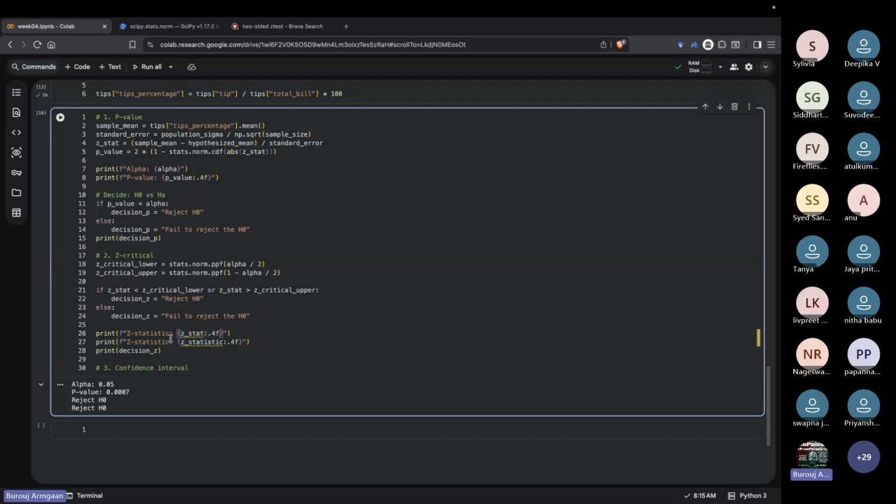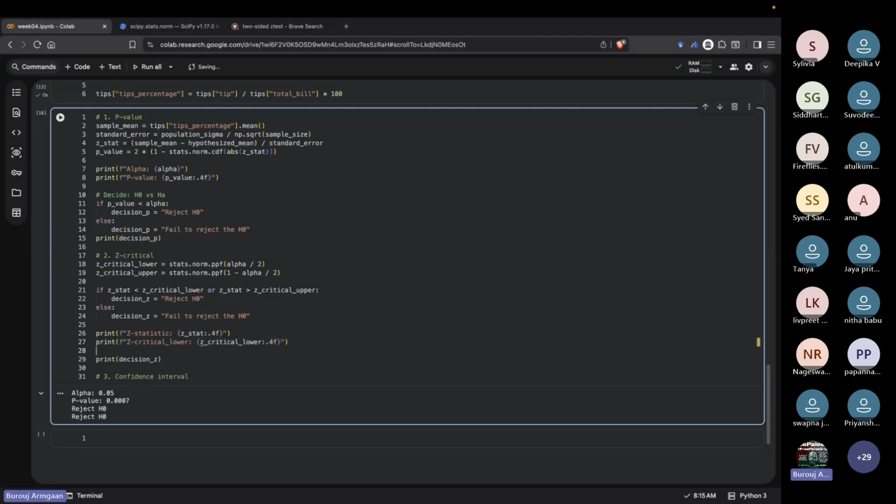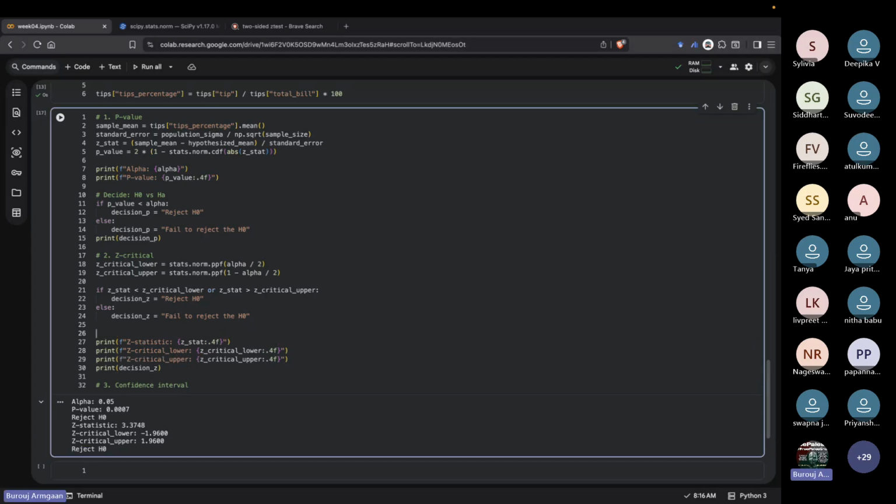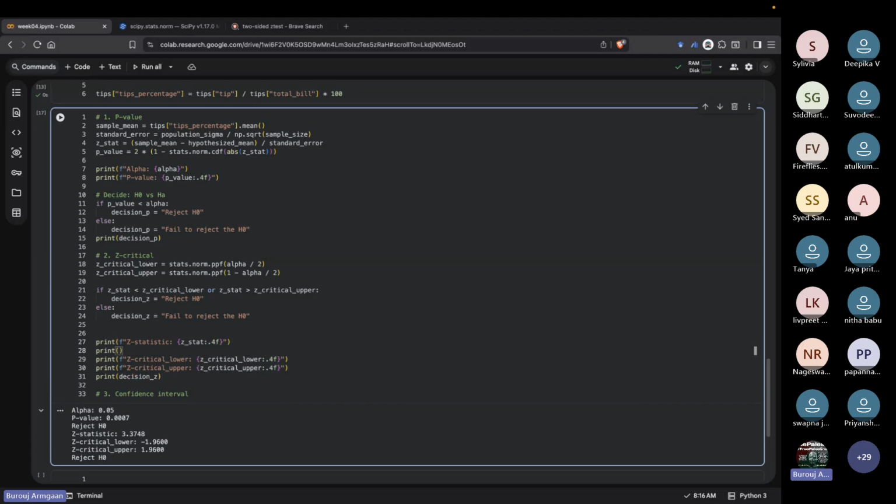So we have z stat, and we have our z critical, in this case a set on the left hand side and the right hand side: z critical lower, z critical upper, and then we can see what we get. And maybe we can also add a decorative line.